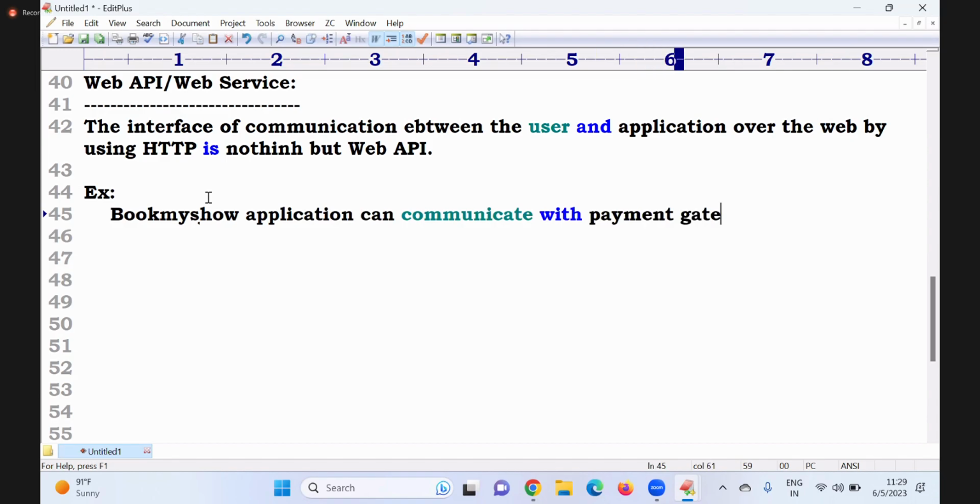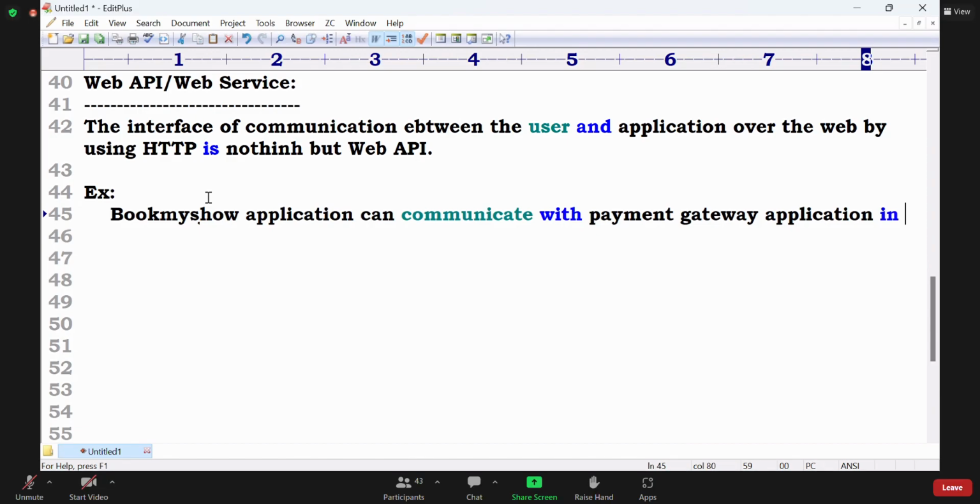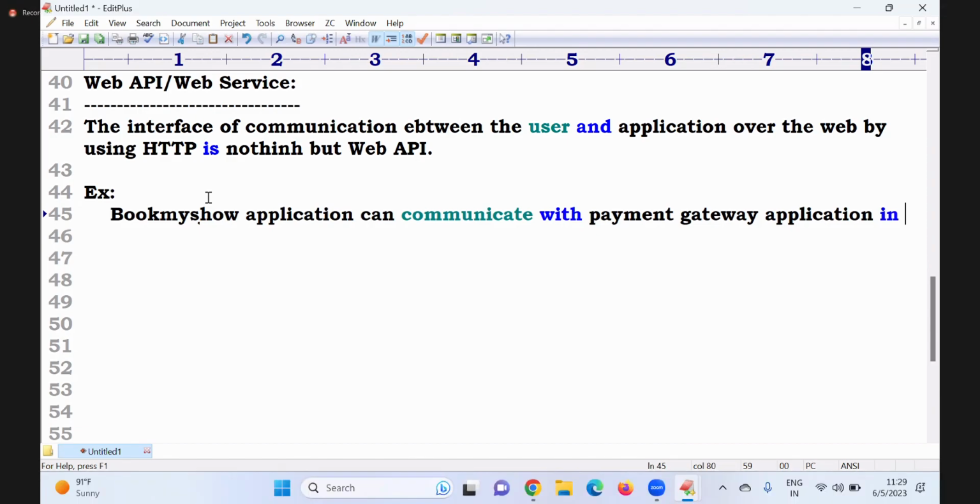Payment gateway application. Once we pay the money, compulsorily it should ask the payment gateway application to complete our booking. So then web API is required.